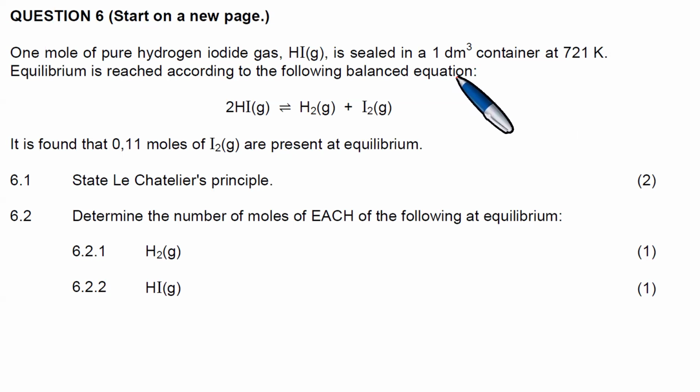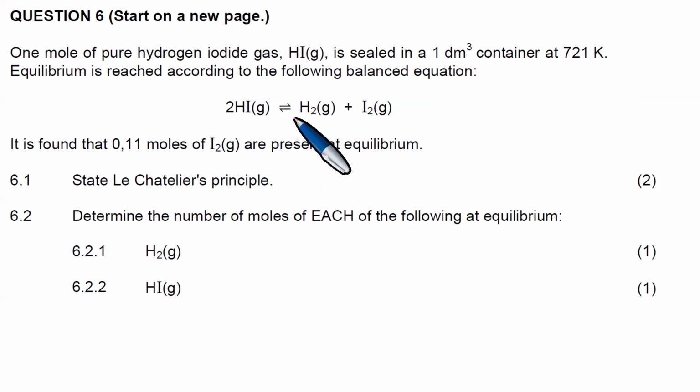At 721 Kelvin temperature, equilibrium is reached according to the following balanced equation. So now you have your hydrogen iodide gas sealed in that volume at that temperature of 721 Kelvin. Let us analyze this together and see what happens.